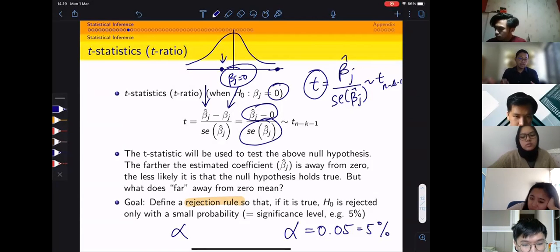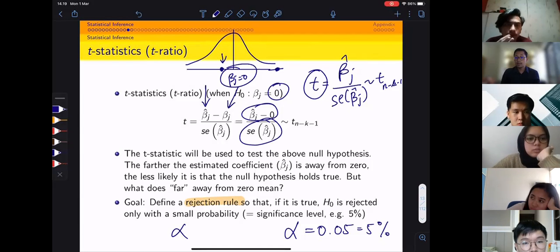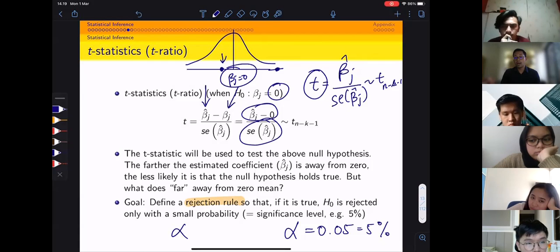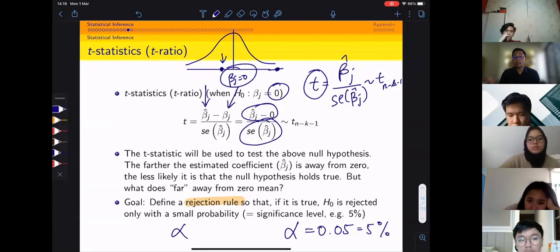Suppose that the two variables are not correlated, or X doesn't have an effect on Y. That's the true relationship. However, given the data, you say, hey, there is an effect of X on Y. We want that kind of occurrence to happen with a very, very small probability.